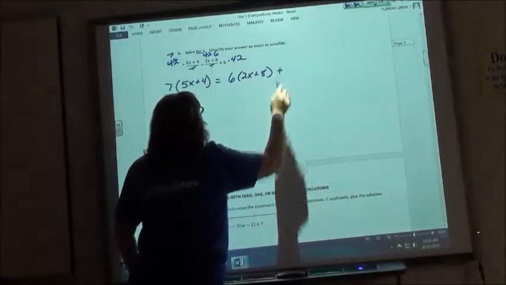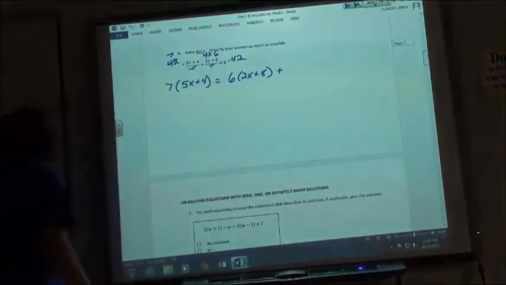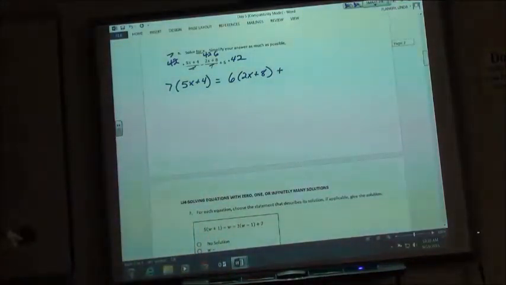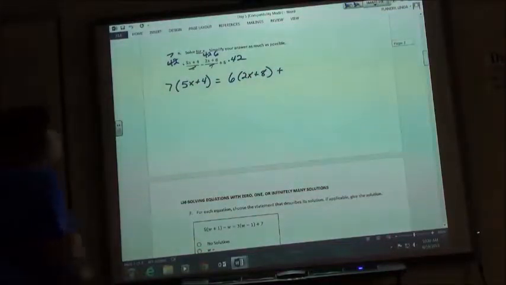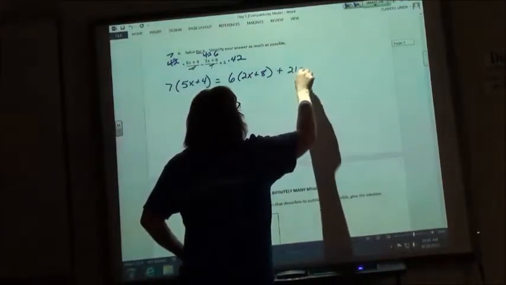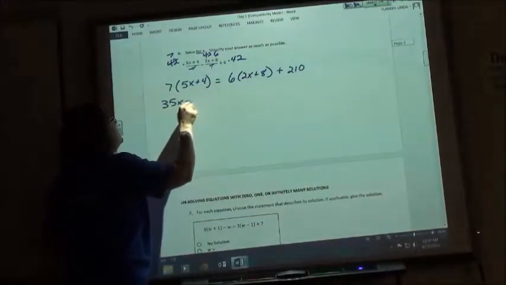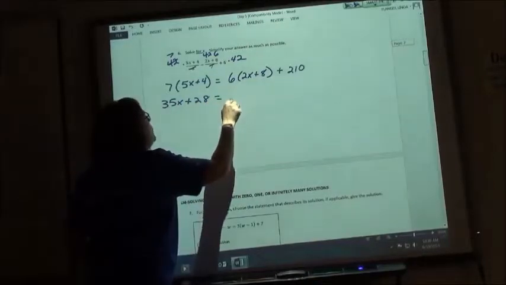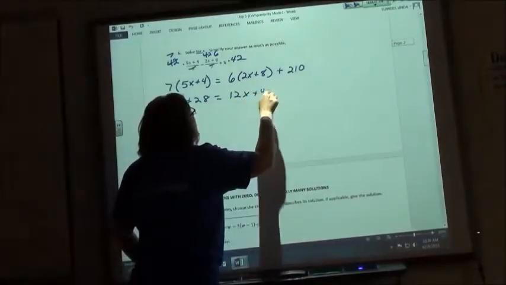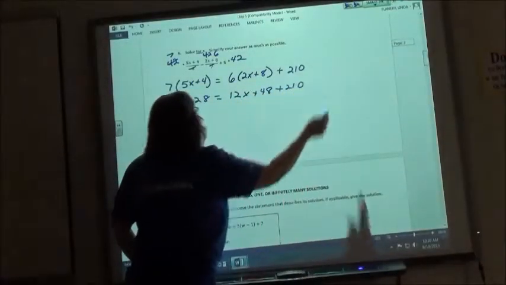And then I have to take 5 times 42, which I believe is 210, but I'm going to check for sure. Yes, 210. So 35x plus 28 is going to equal 12x plus 48 plus 210.